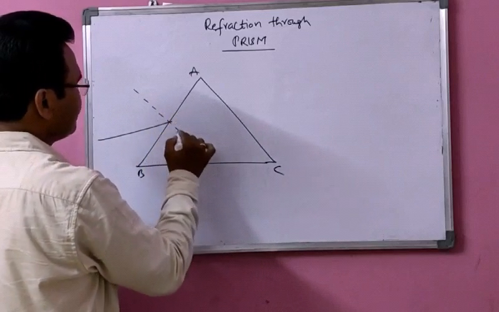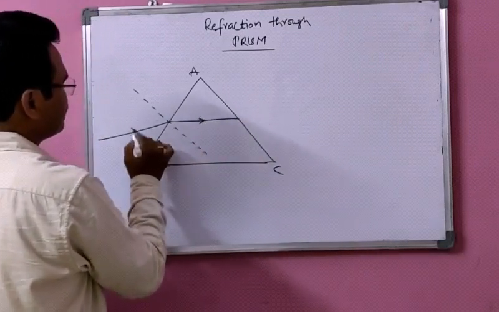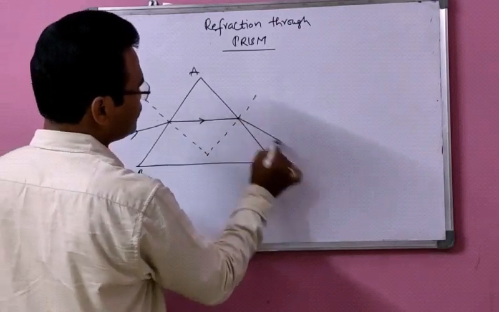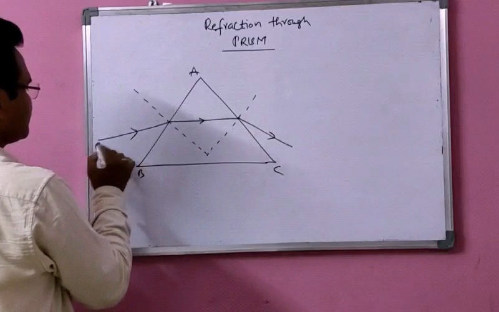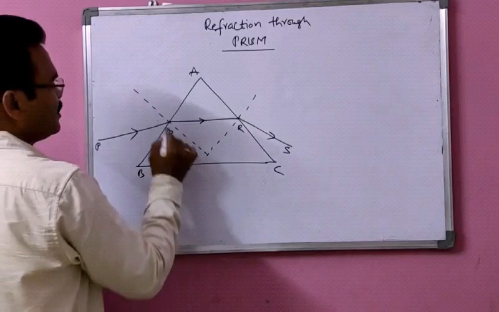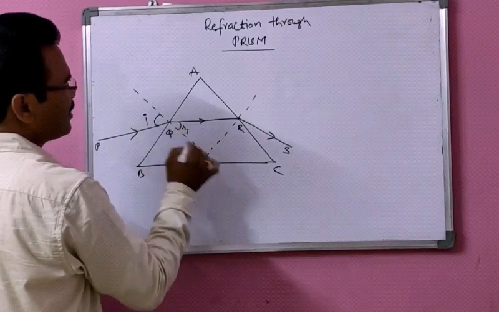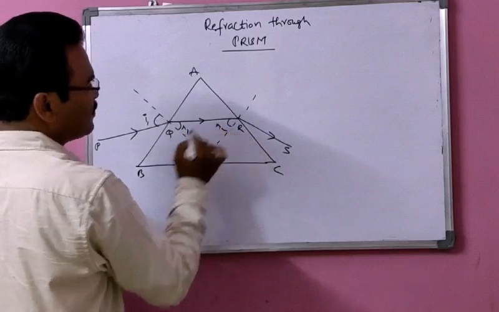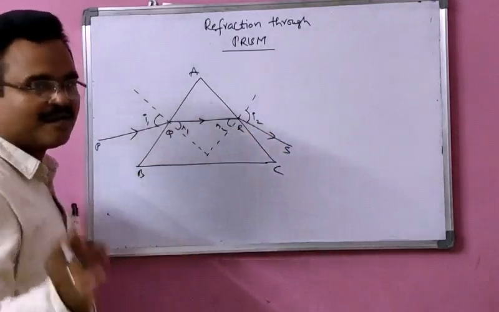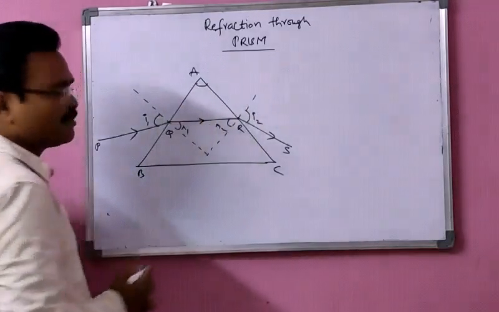So this is the normal, and here it undergoes refraction, and here again it undergoes refraction and comes out like this. I'm calling this PQRS. Now this is the angle of incidence I1. This is the angle of refraction R1. This is also an angle of refraction R2. And this angle I'm calling I2, the angle of emergence. This is the angle of the prism.